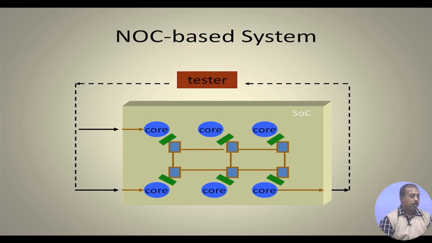So, some modification has to be done, some extra logic has to be added with the core, so that the tester can be interfaced with these cores. They are sending the patterns, and these test patterns will be sent from this point to the destination using the underlying network.